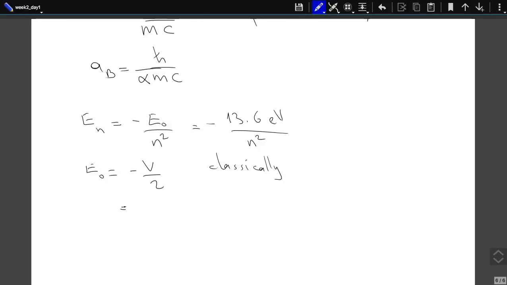V is minus alpha times c over r, times 1 over 2. Alpha c is e squared over 4 pi. Let's also put the h bar. h bar c alpha over r.